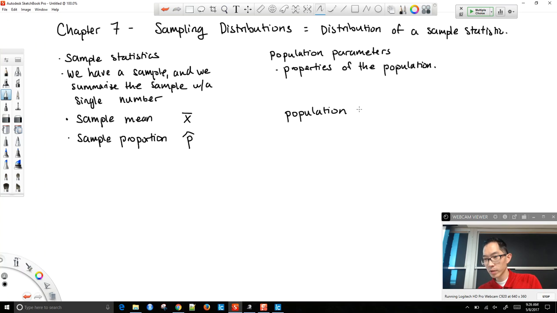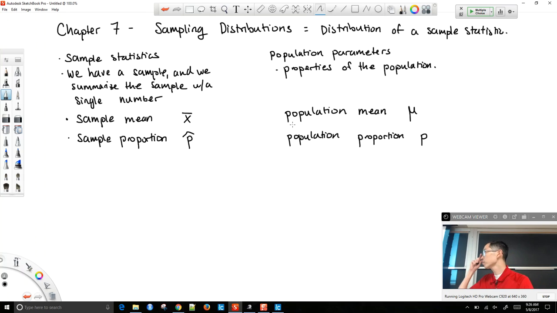What's the symbol we use for the population mean? Mu. And we have the population proportion, which is P.